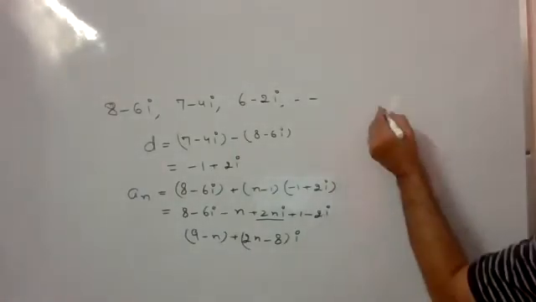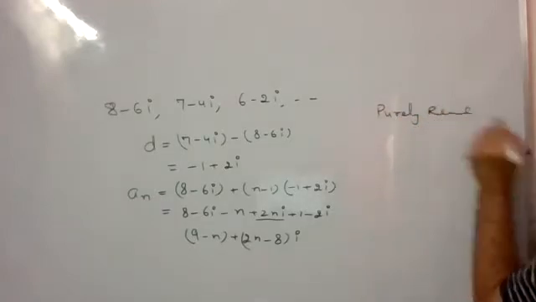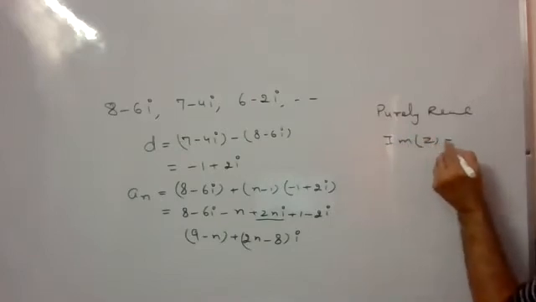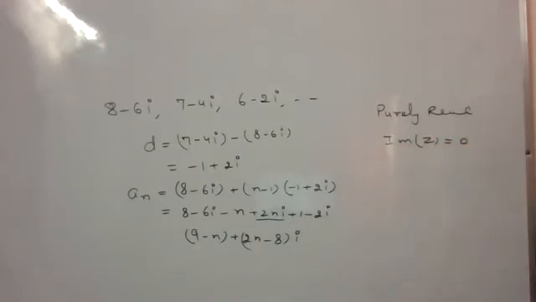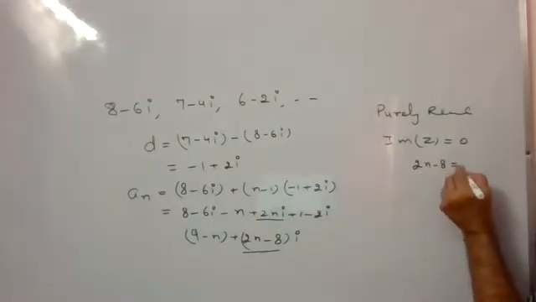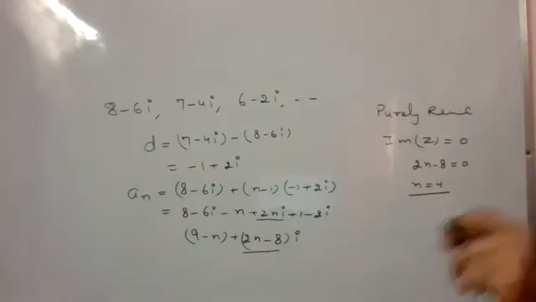When it is purely real, the imaginary part of the complex number has to be 0. So 2n minus 8 is 0 and we get n is 4. Means the fourth term is purely real.